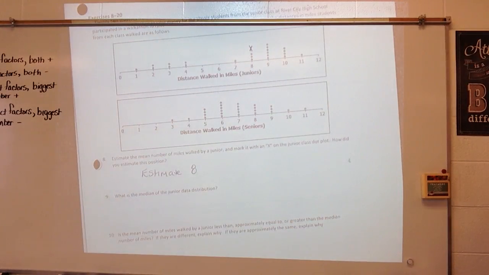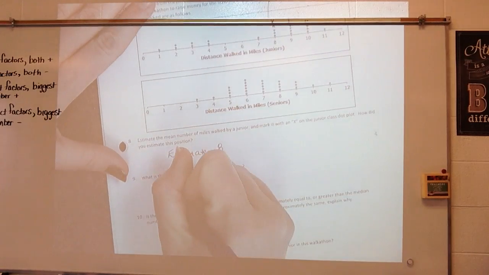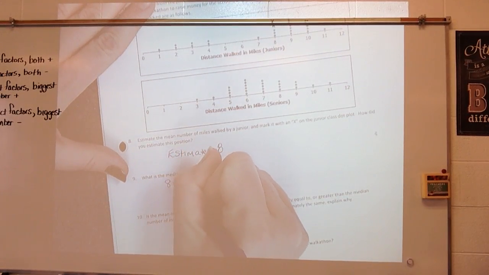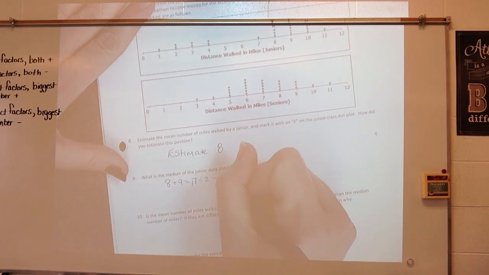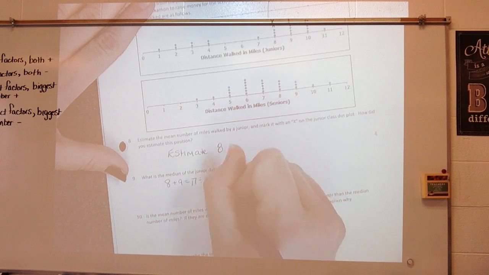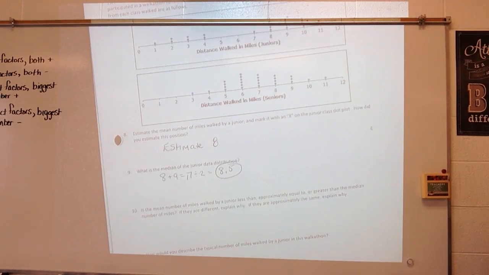So it's between 8 and 9. All right. So 8 plus 9 is 17. 17 divided by 2 is 8.5. So my median is 8.5.